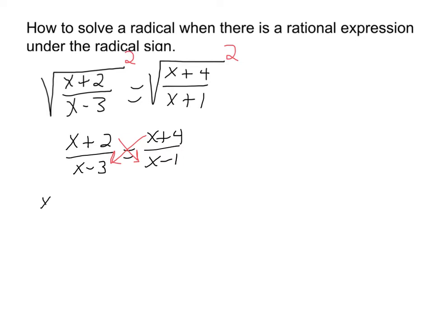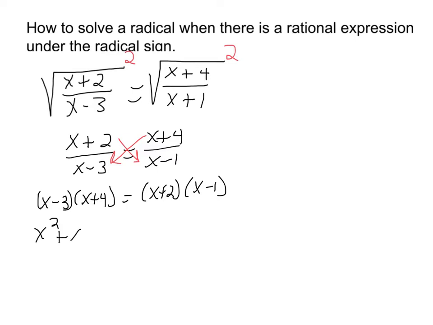So we have x minus 3 times x plus 4 equal to x plus 2 times x minus 1. Distribute, you get x squared plus x plus a negative 12 equal to x squared plus x minus 2.